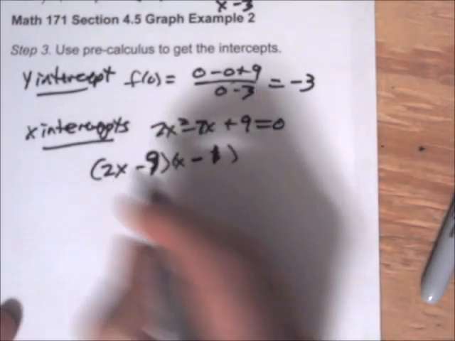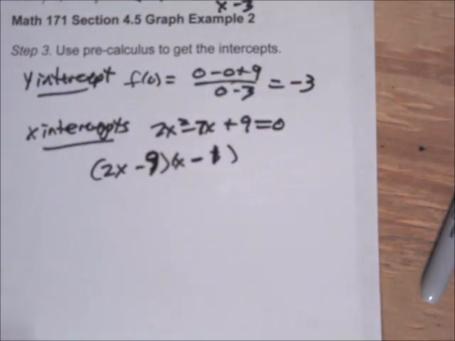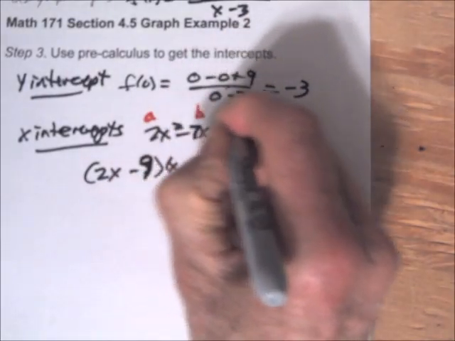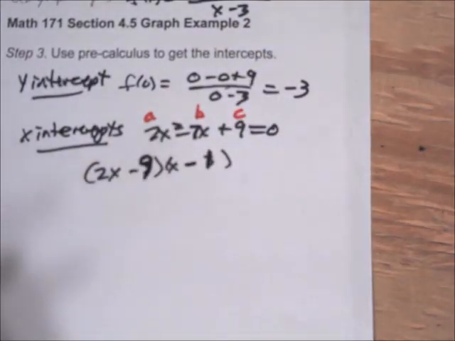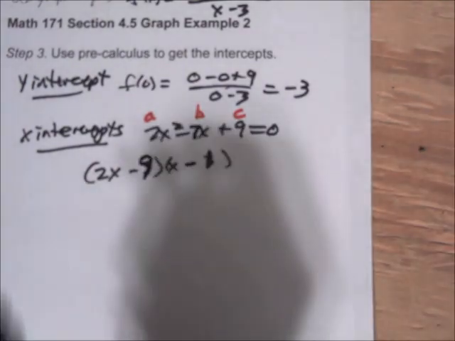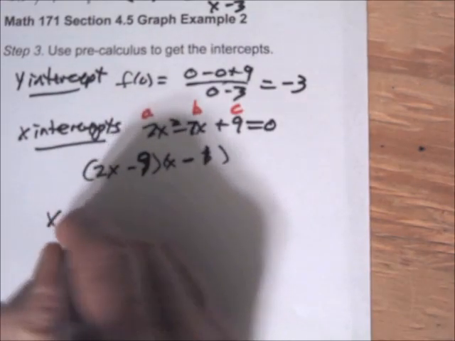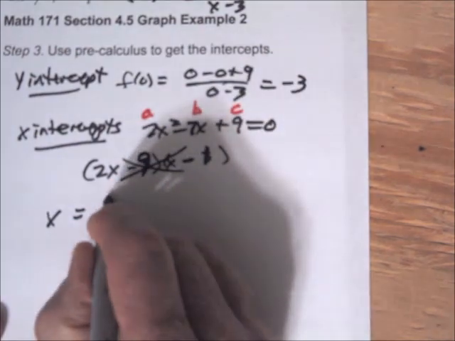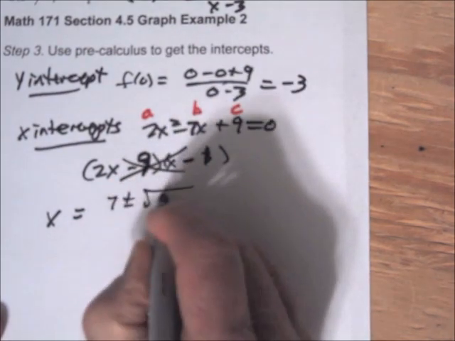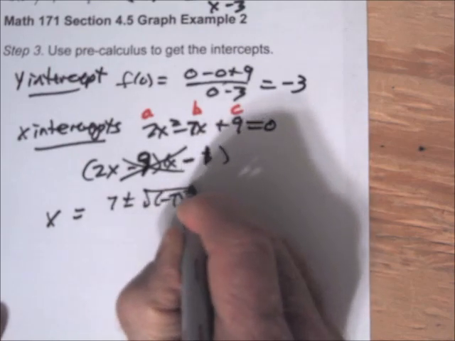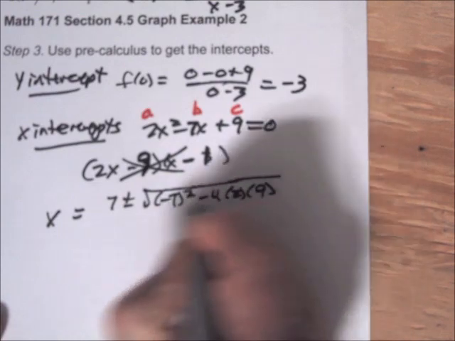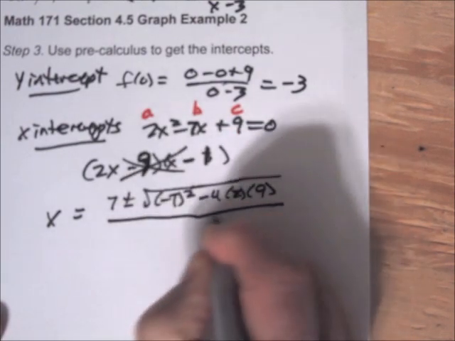Okay, so A is the number in front of x squared. B is the number in front of x. C is the number by itself. And so x is going to be minus b, which would be 7, plus or minus the square root of b squared, negative 7 squared, minus 4 times 2 times 9, all over 2 times 2.